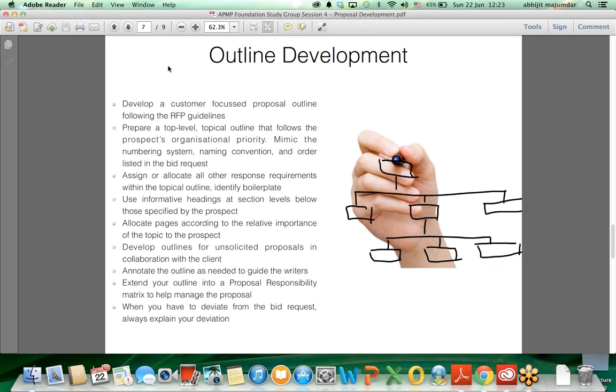You should always use your proposal outline and annotate it as a guideline for your proposal writers.